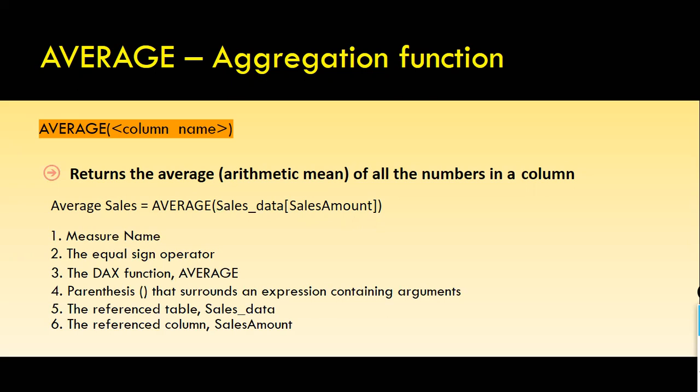That's it. Okay. And now the question is, does this average function take into account the blank values? If you use an average function, what will happen? The average function does not support the logical value and the text value.